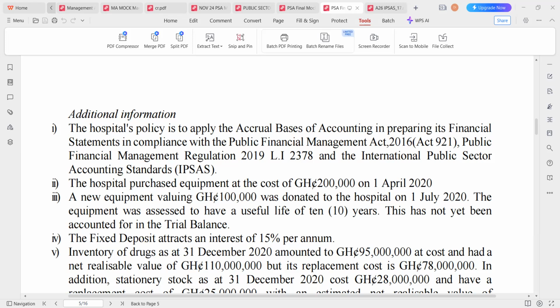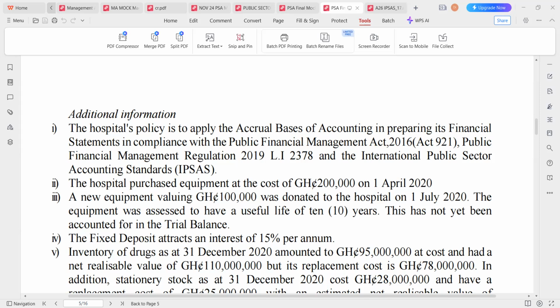Cash and bank, because they've purchased equipment and they've not recorded it. So you subtract from the cash and bank figure, and then you add it to equipment. If they mention equipment without specifying, add it to the equipment they have there. If they have about 3 different kinds of equipment, put all of them together in one line, then you are good to go.